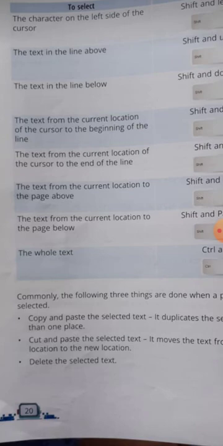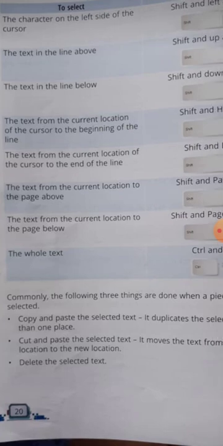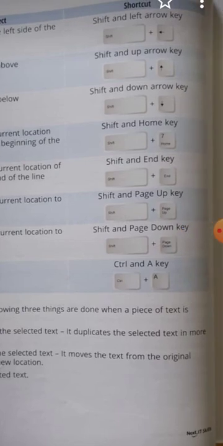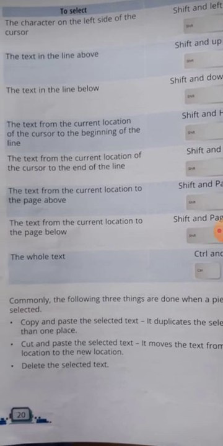Copy and paste the selected text duplicates the selected text in more than one place. Whenever you copy, it can make a duplicate of the original text.